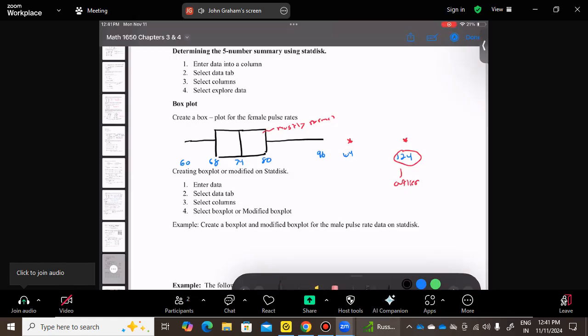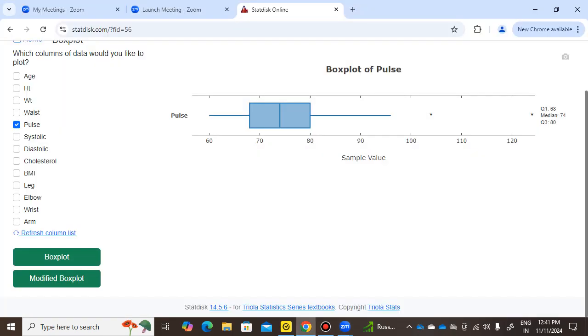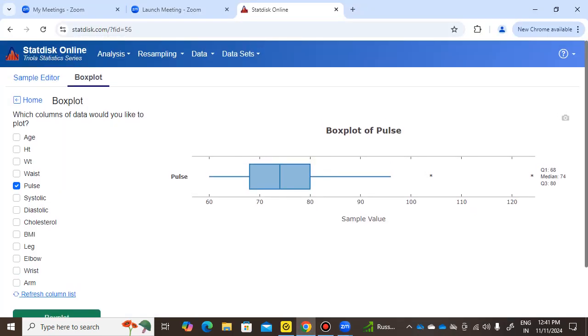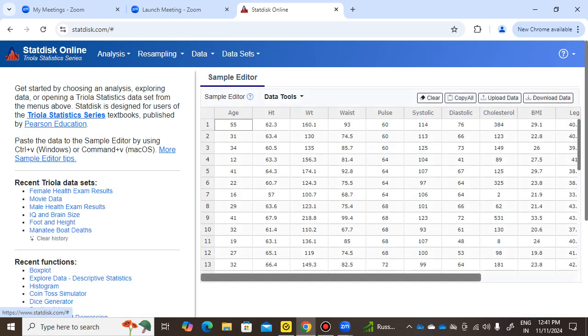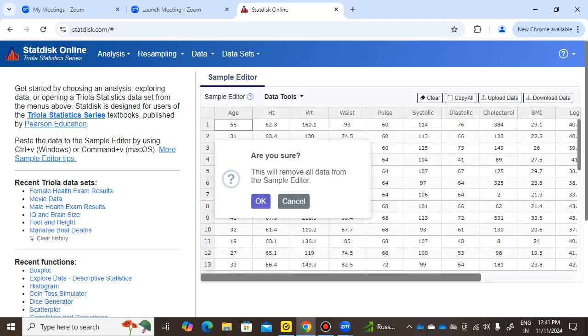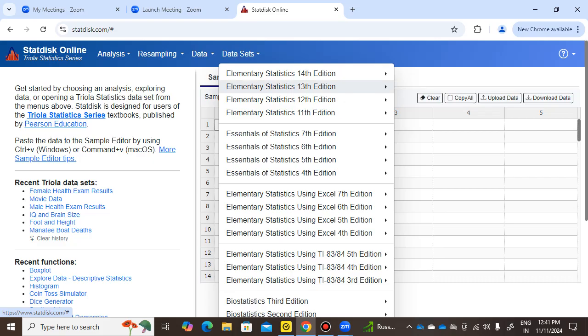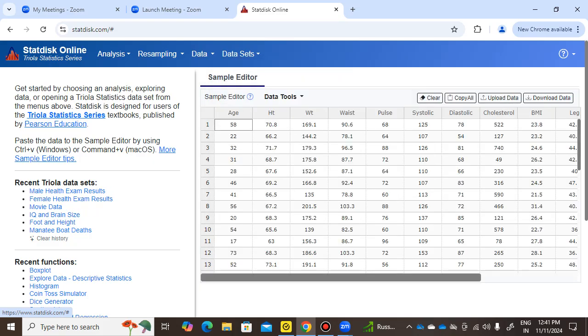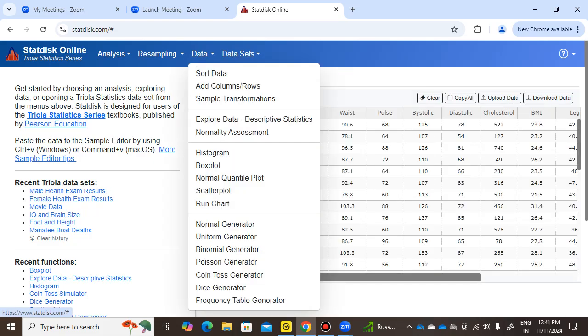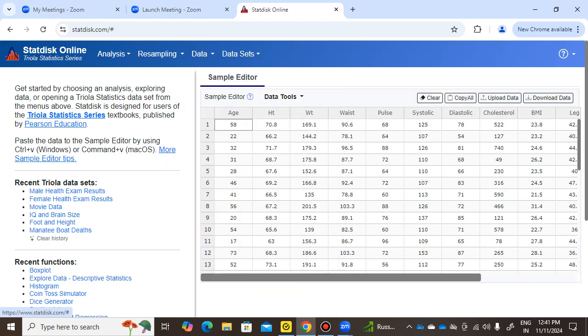All right, we can look at the male pulse rate now. So let's go back to the data, clear this. Click on 11th edition male health exams. And we'll look at box plot.